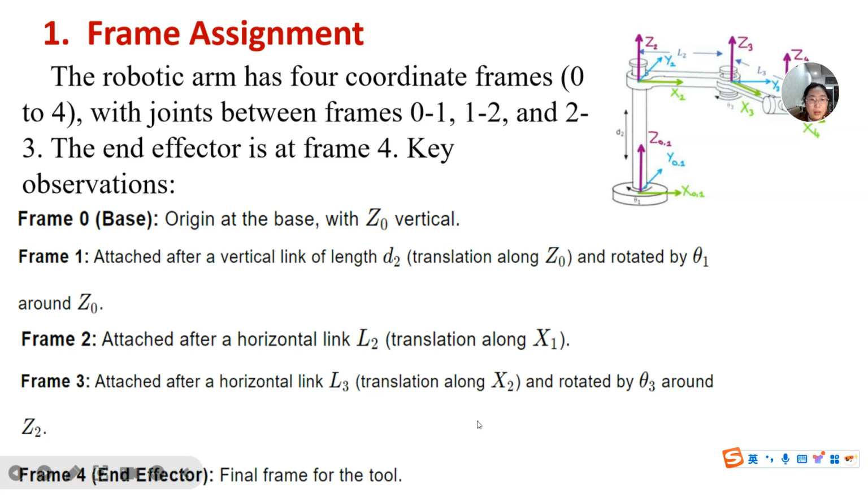Now, the manipulator is interpreted and calculated like this. The frame assignment: the robot has 4 coordinate frames, from frame 0 to 4, with joints between frames 0 to 1, 1 to 2, and 2 to 3, and the end effector is at frame 4.